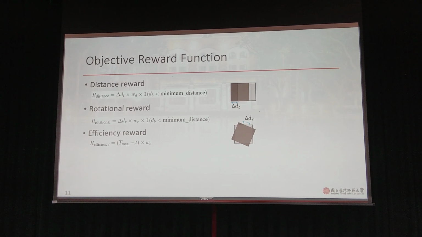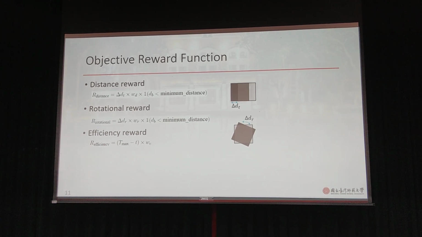Okay, and this is the objective reward function, which is categorized by reward distance, rotational, and efficiency. Reward distance is where delta dt measures the reduction in distance between the box and its target, achieved by the agent's effort. As illustrated here, delta dt is the reduction of the distance at each time step.